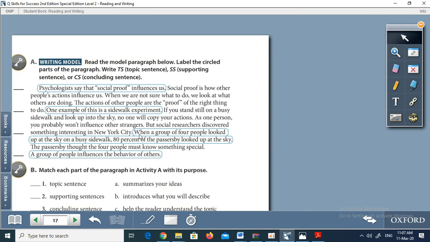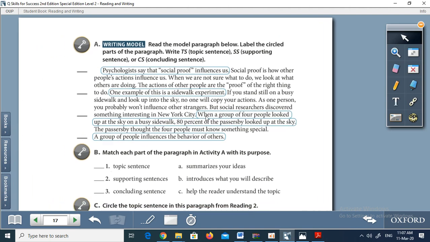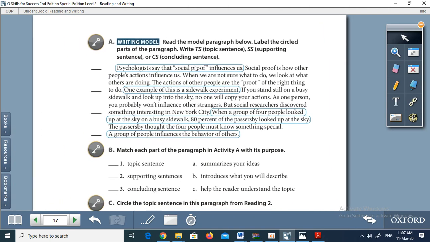So here you can see that, as we already know, we should look for the TS, SS, and CS: TS topic sentence, SS supporting sentences, and CS concluding sentence. When we look here, it's already circled for us, and what we need to do is find out which one is what, right? We already know the first sentence is the topic sentence, the TS.